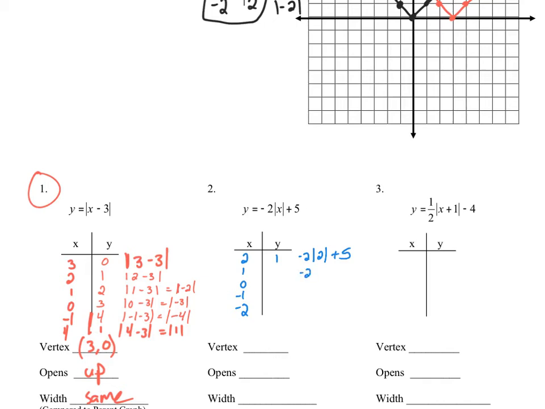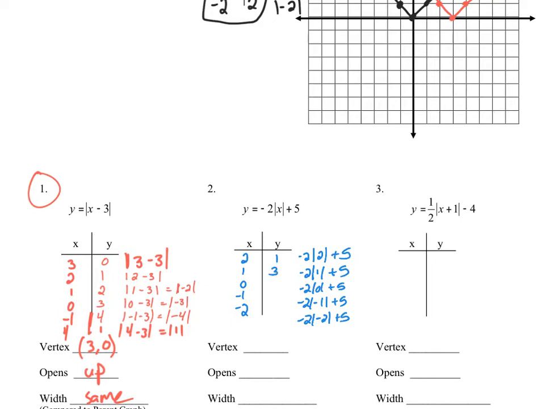We can do the same thing for 1, for 0, for -1, and for -2. Okay, so -2 times 1 plus 5 is 3.